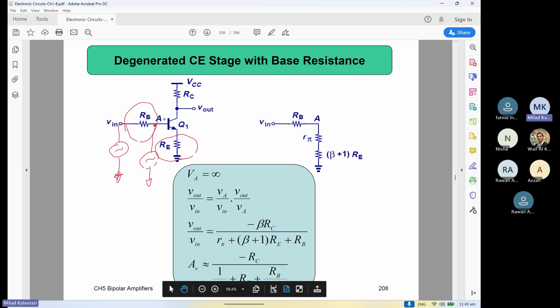We know how to calculate the gain from this node A to the output, but now we have this R base. What we need to calculate first is how V in reaches VA. If we know how V in reaches VA, then from VA to V out we know, right?